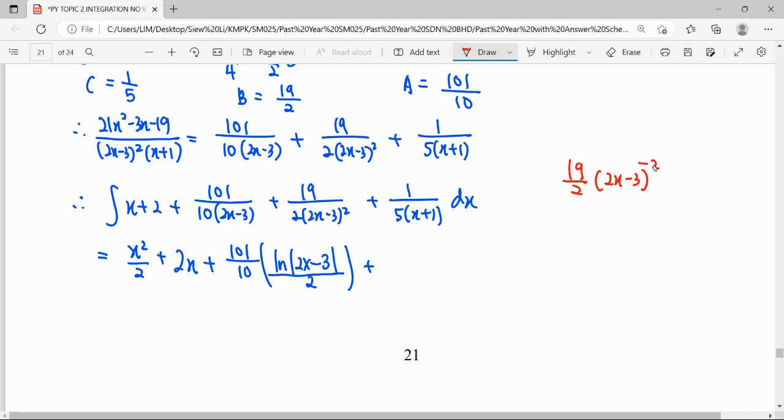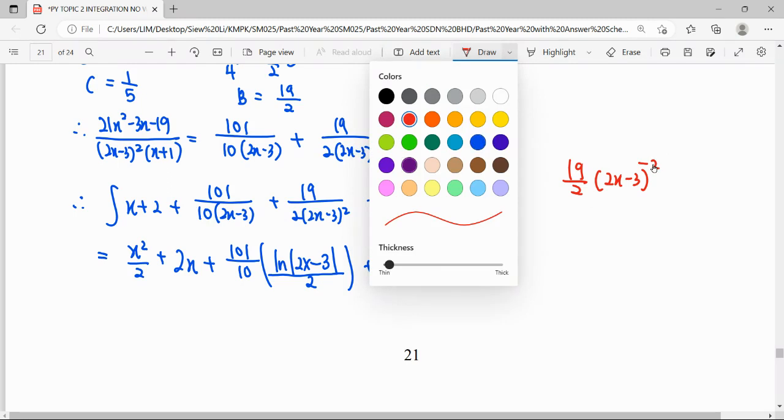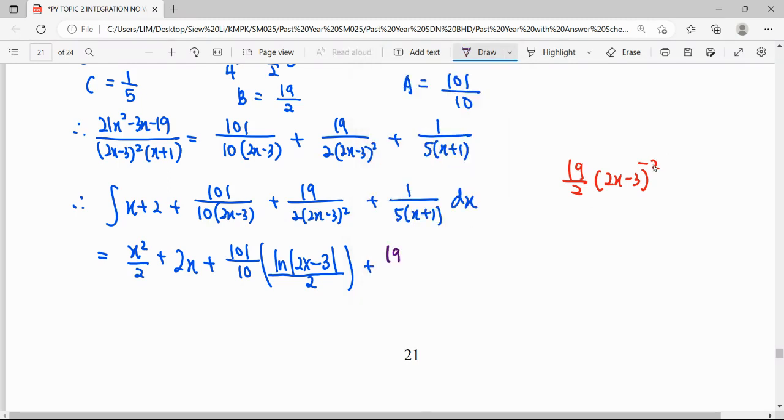So for this part, the integration will be 19 over 2, the bracket, plus 1 over the new power, coefficient is 2. And then back to this 1 over 5.